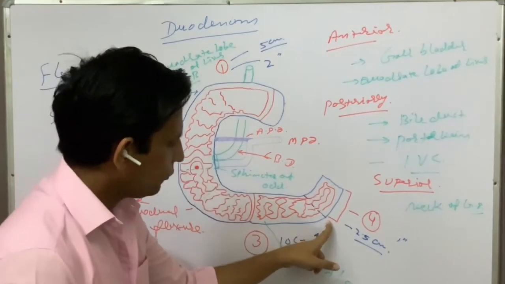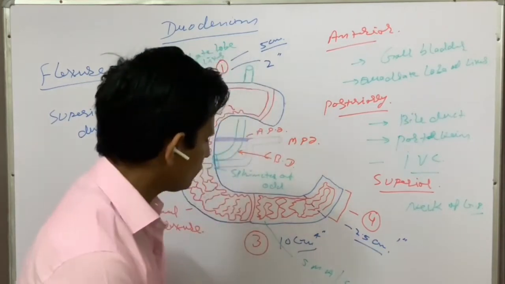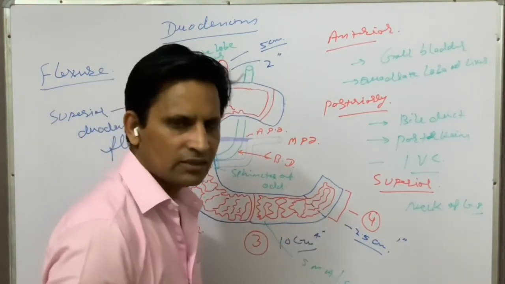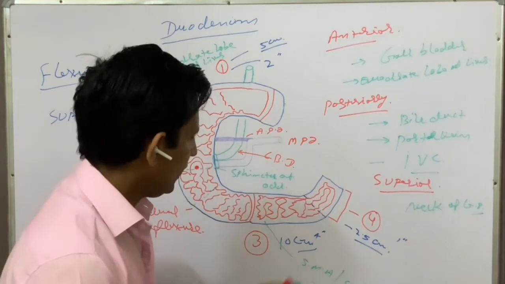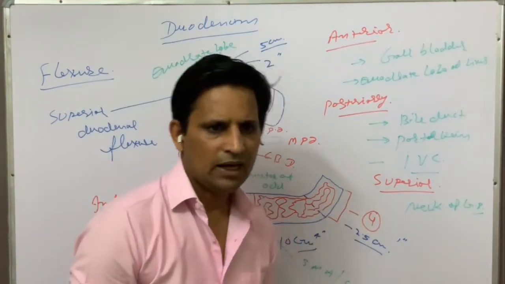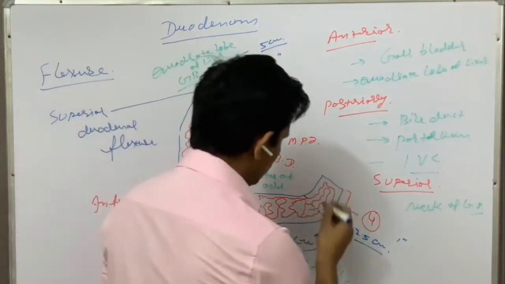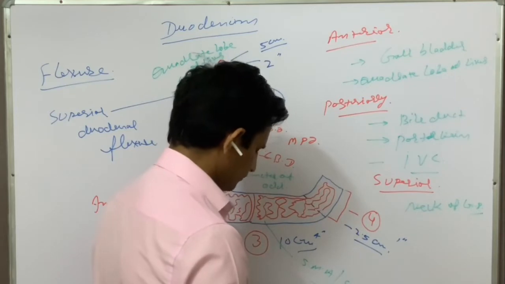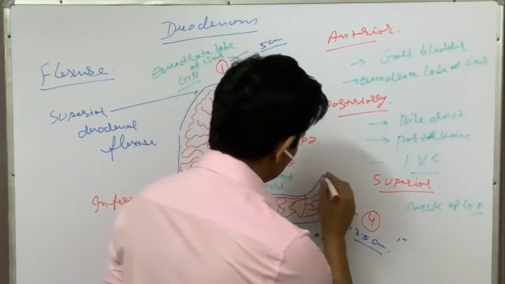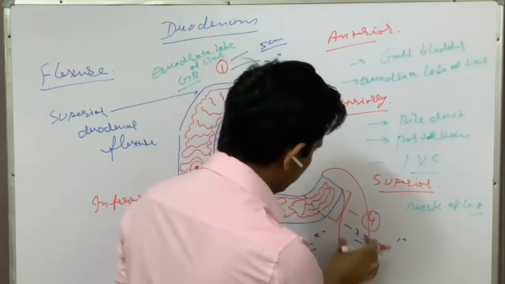Now the fourth and last part starts where it begins ascending, and it ends here where it meets the jejunum. There is also a flexor, because this structure would go like this and forms a flexor here.